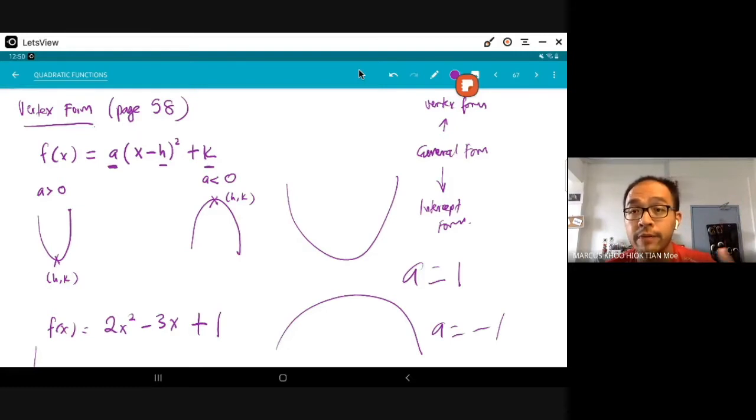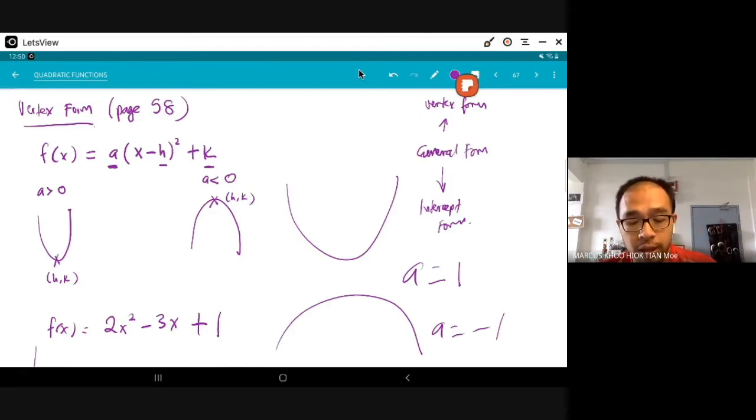If the value of H is a bigger and bigger number, 5 is bigger than negative 5. If H is negative 5, it will go to the left. If H is a very large number like 5 or 10, it will go to the right. It's like the number order, very easy. The more positive, it goes to the right; the more negative, it goes to the left.